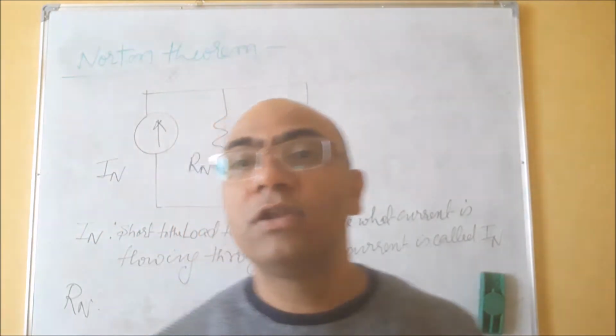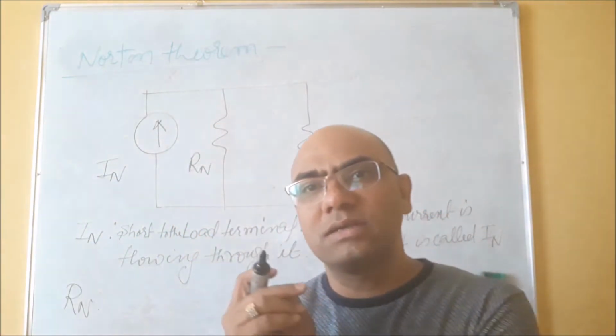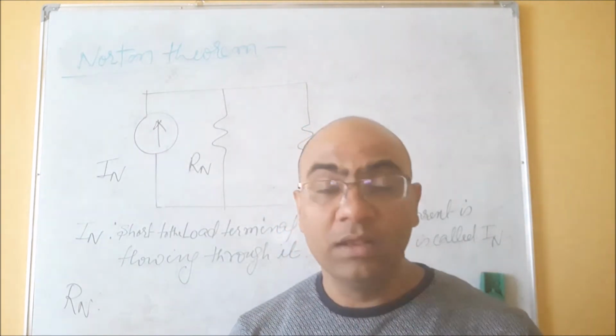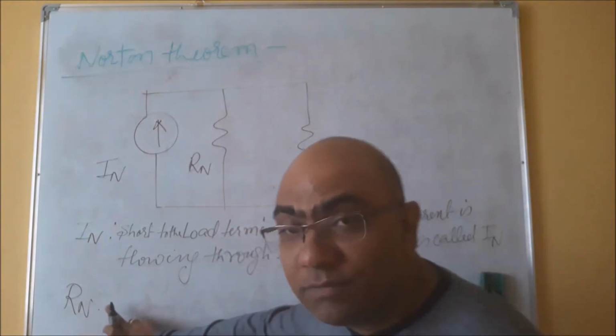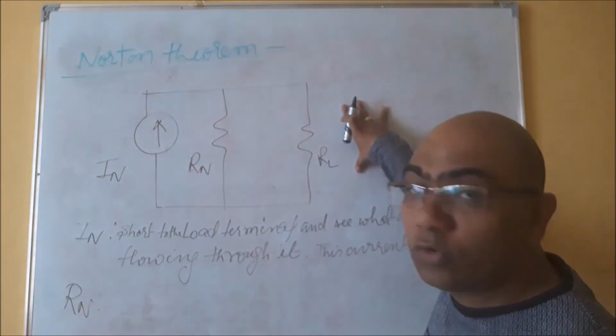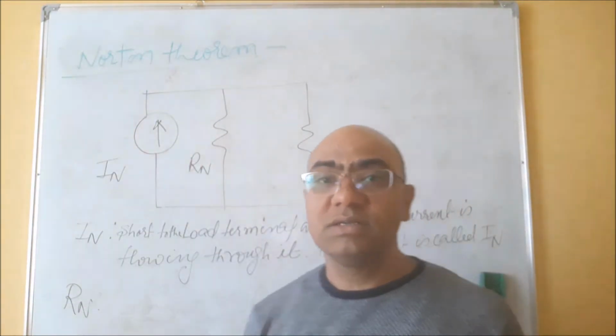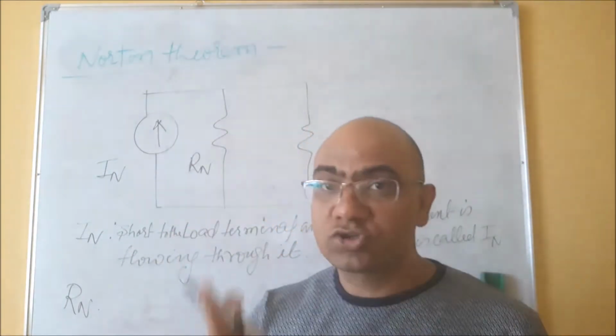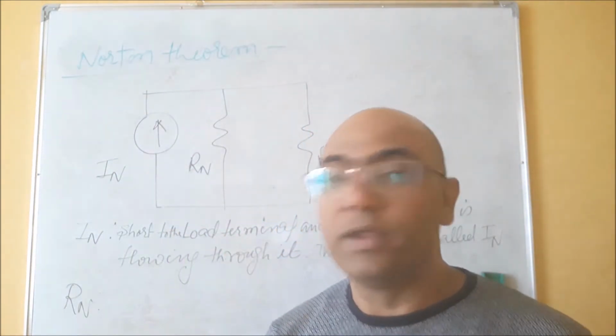Similarly, how can I find the value of RN? RN is the same as RTH, which we calculated in Thevenin theorem. To get the value of RN, we open the load terminals and find the equivalent resistance of the circuit, keeping voltage sources short and current sources open.